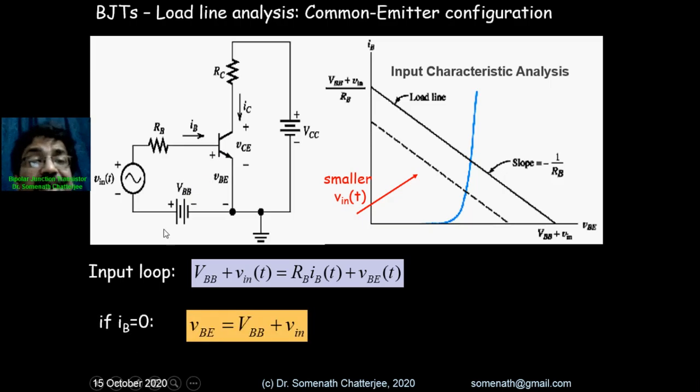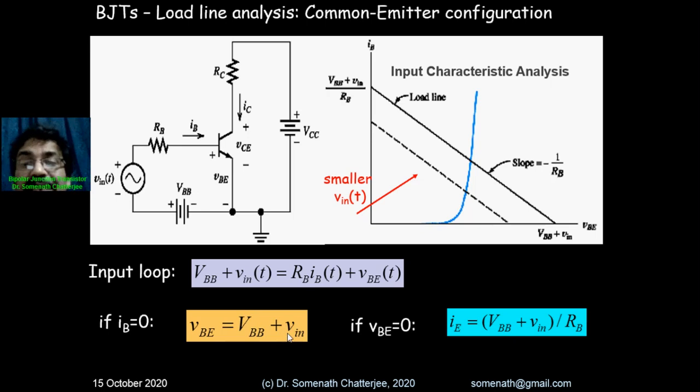And here if IB is equal to 0, because it is in the microampere range, what we can write is that VBE is equal to VBB plus Vin. That means VBB is the applied DC voltage for biasing, and Vin is the input signal which we want to amplify, right?